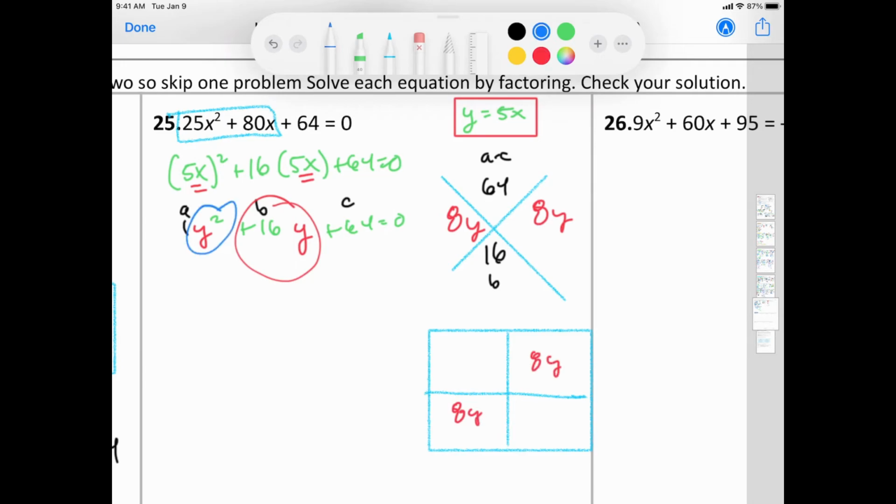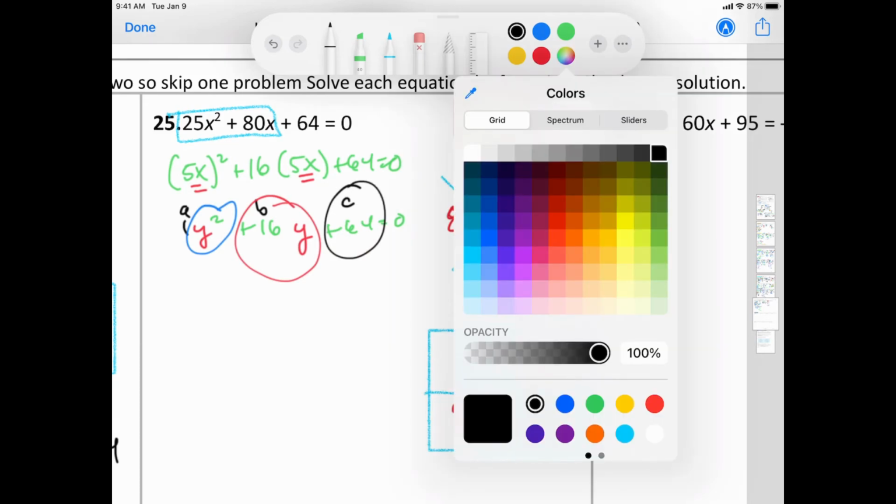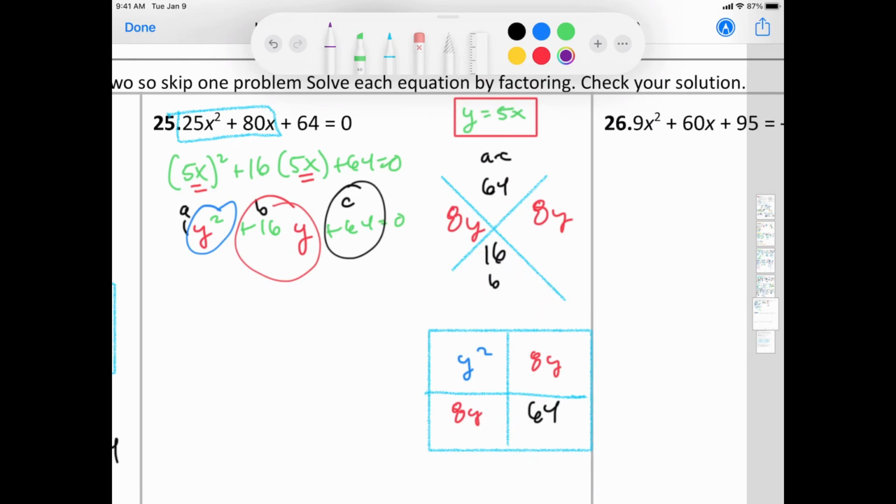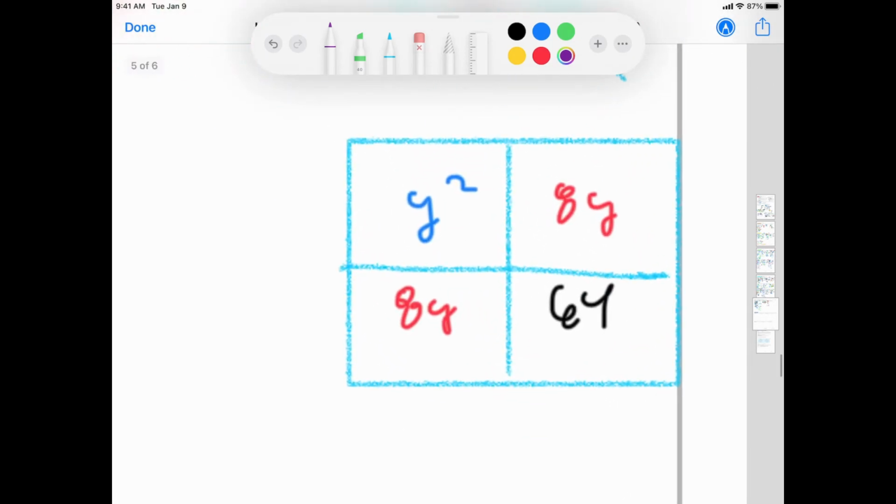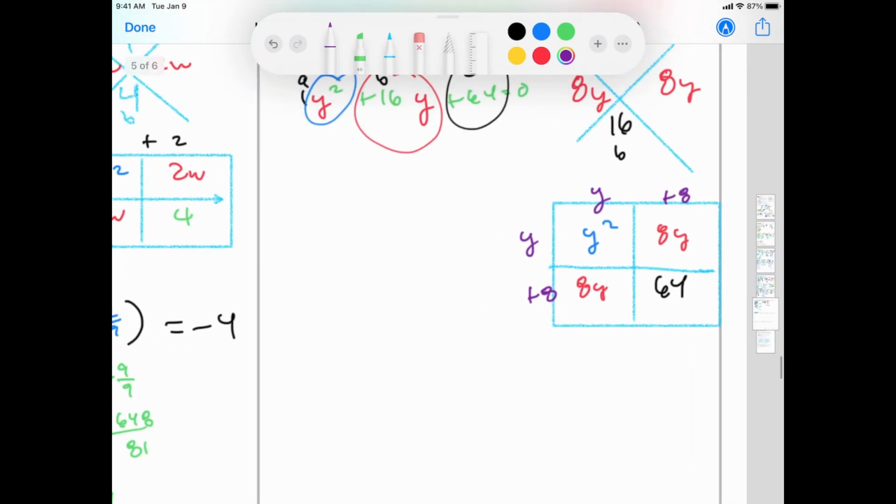So take greatest common factor of this row, greatest common factor of this row, this column, and let's not make the mistake we did last time, which was to do our substitution.